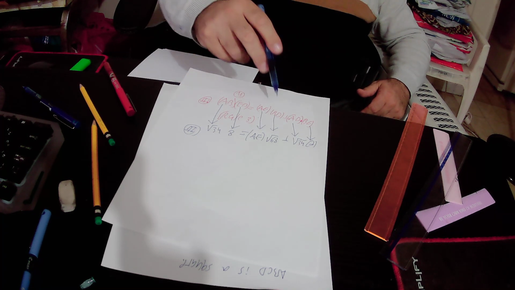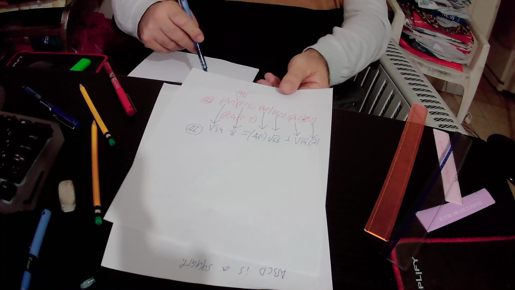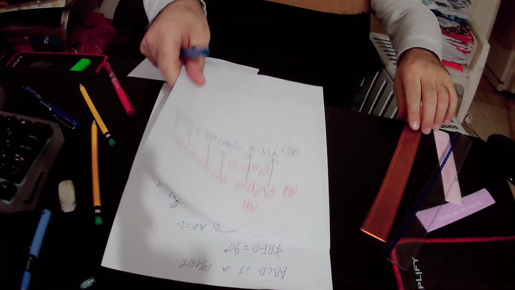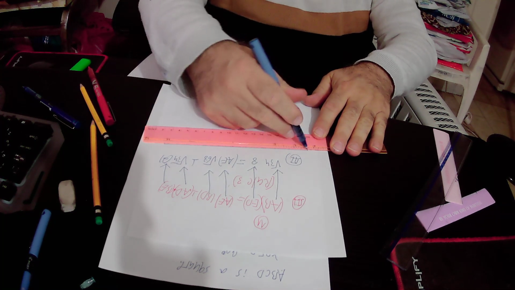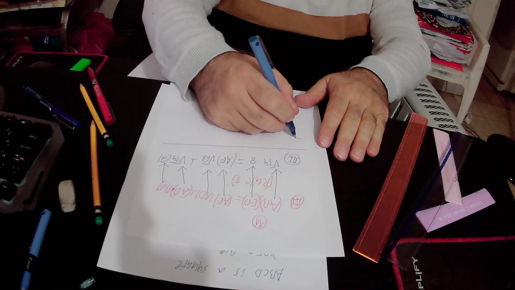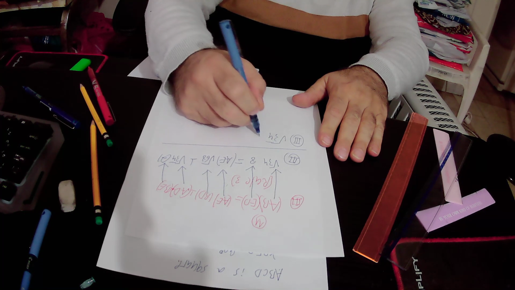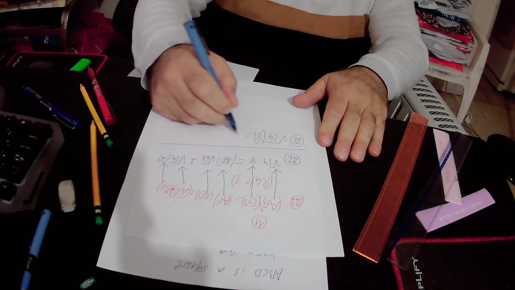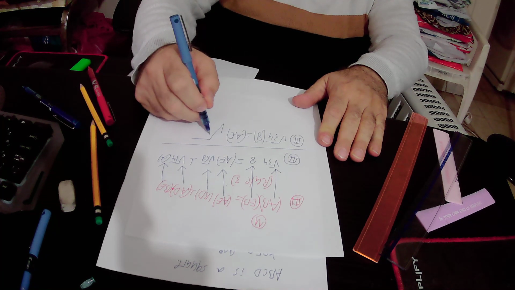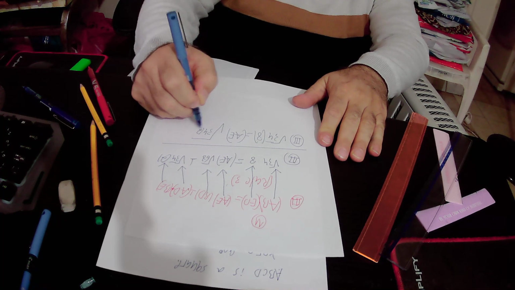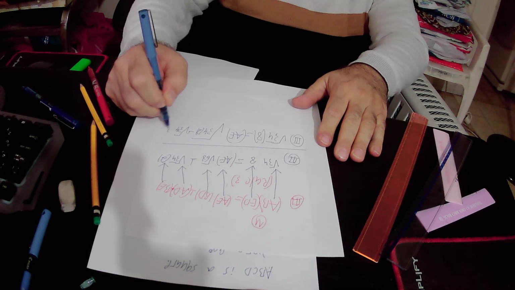So here we know that 68 is 34 times 2, so we write it down. 68 equals 34 times 2. So we substitute 68 by 34 times 2, and we will get square root of 34 times 2 plus square root of 34 times 2.